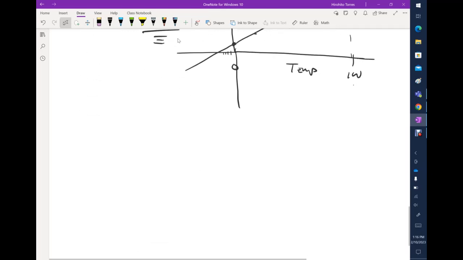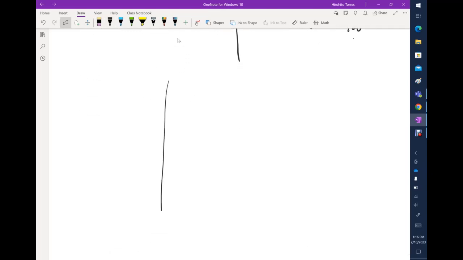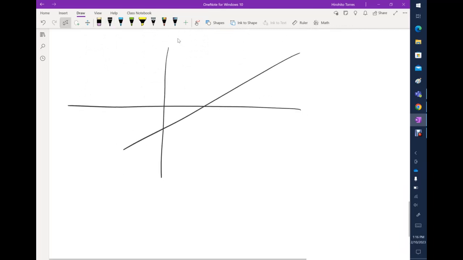There are other sensors. Again, it depends on the sensor. There are other sensors that might do it differently. Let's see, this is temperature again, and this is voltage.